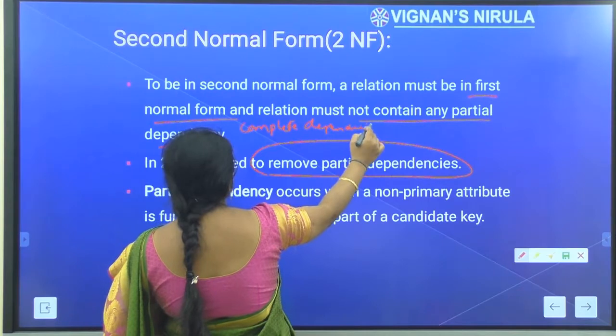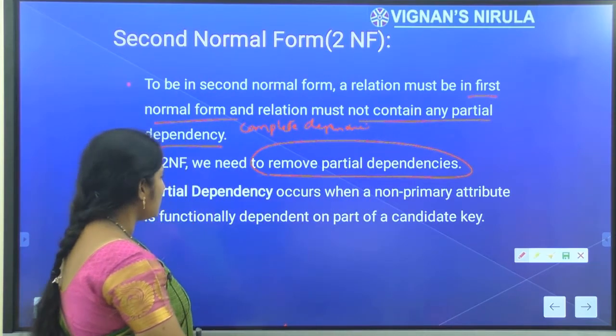So what is the meaning of partial dependency? We will see now.